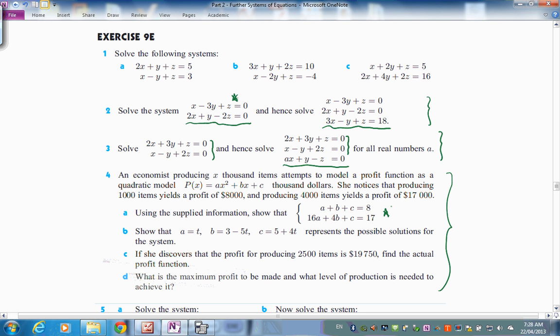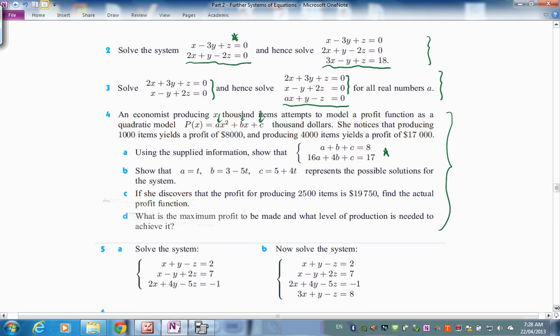So you need to think carefully what A, B and C might mean here. Okay, so here they are the coefficients, and you're trying to substitute values in for x so that you can get equations. All right, have a go.